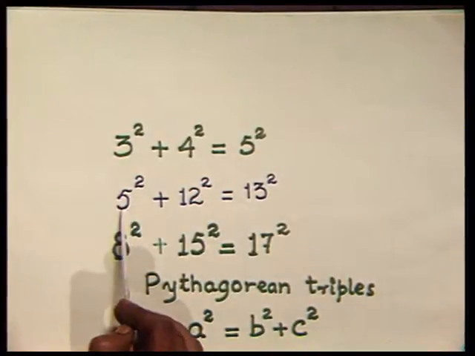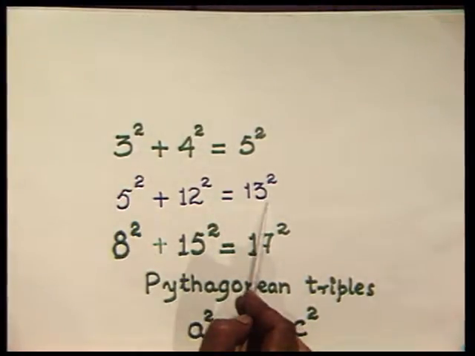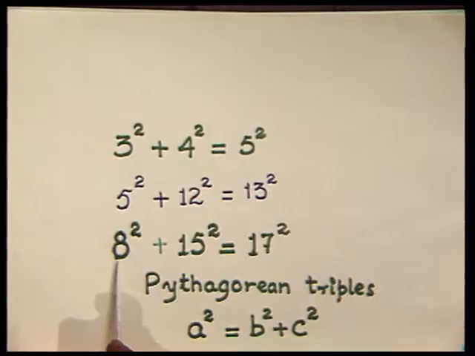If we take 5 units, that is 5 squared plus 12 squared equals 13 squared. If we take one number as 8 and the other as 15, 8 squared is 64, 15 squared is 225, and 17 squared we know is 289. So, that also satisfies this condition.